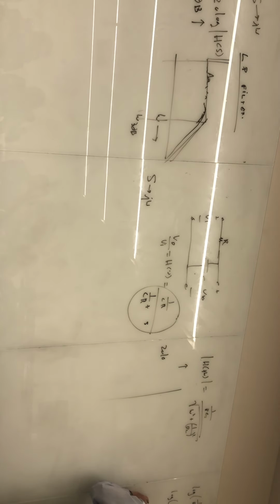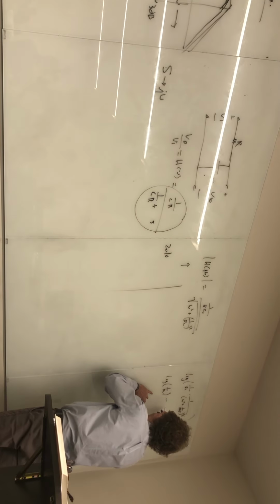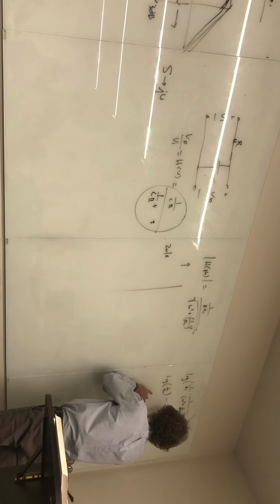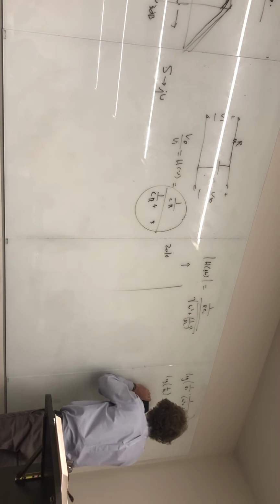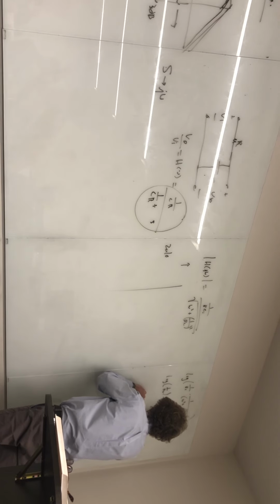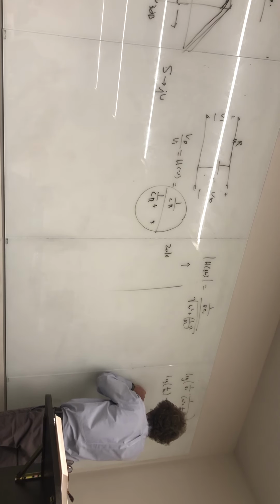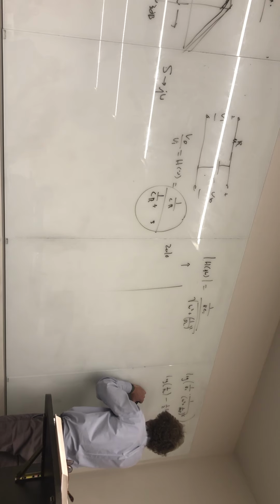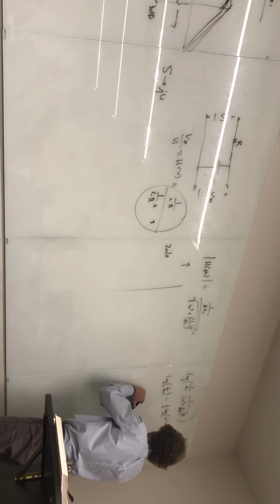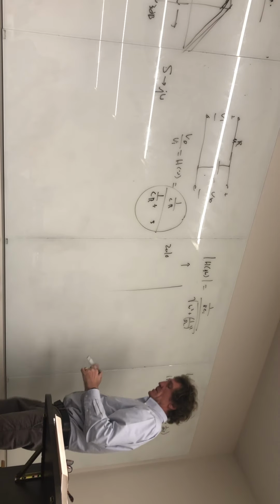Well, log of 1 is 0, but it's minus log of omega squared plus 1 over RC squared to the 1/2. So this is going to be minus 1/2 log of omega squared plus 1 over RC quantity squared. Can everybody see what I've done?